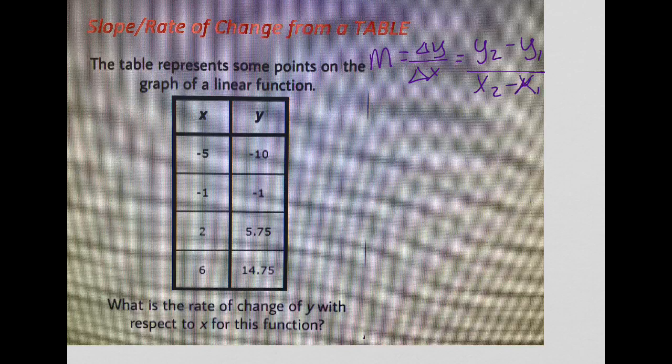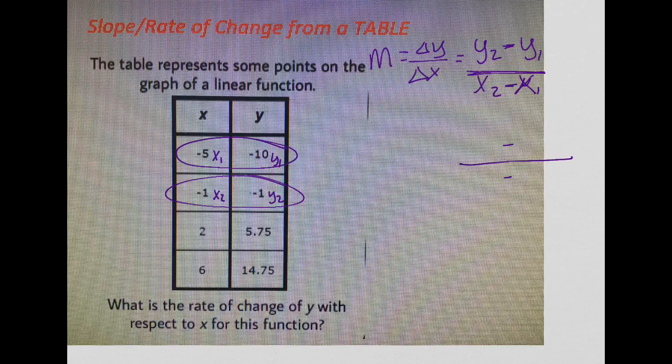To do so, the first thing you're going to do is identify 2 points. I'm just going to use the first point in the table as x1, y1, and the second row as x2, y2. Then I'm going to rewrite the formula without any numbers, so the division symbol and the 2 negatives, and then I'm going to fill in those values.